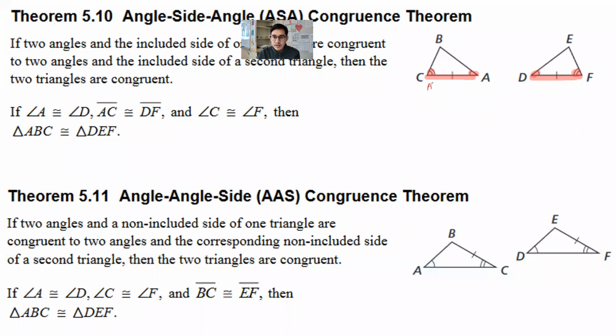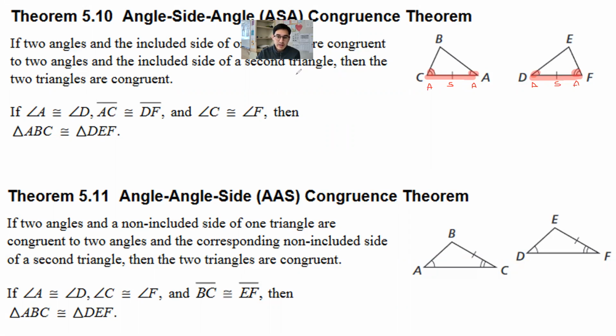The double angle, the single mark side, and the single mark angle, and then we have the double angle, the single mark side, and the single mark angle. Both of these triangles have the same pattern in their markings, an angle, a side, and then an angle. What's important is that the side falls right between the two angles. We call it an included side.